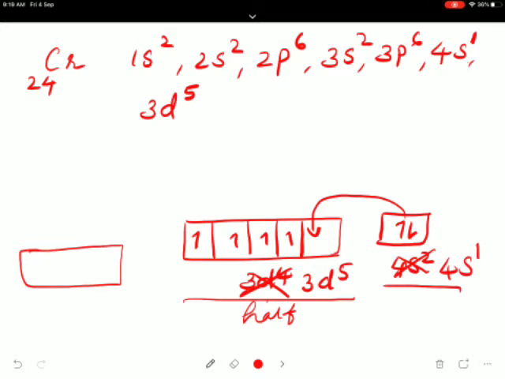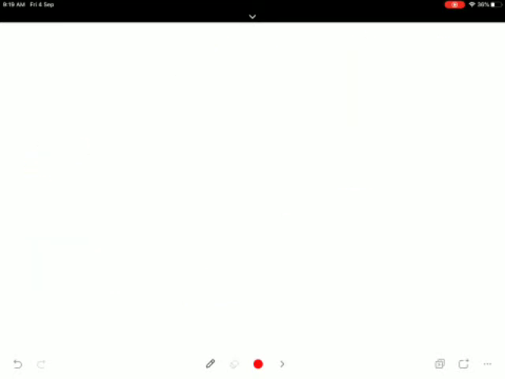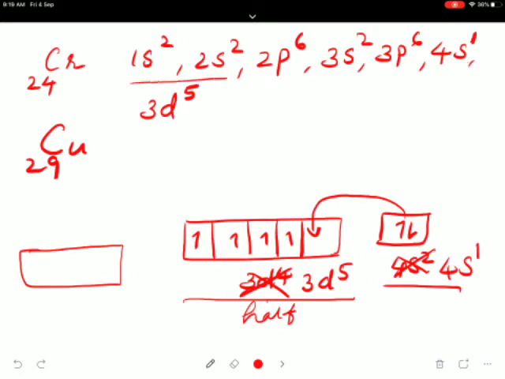Similar is the case with copper, 29. You just add all these and check whether it is coming to 24.